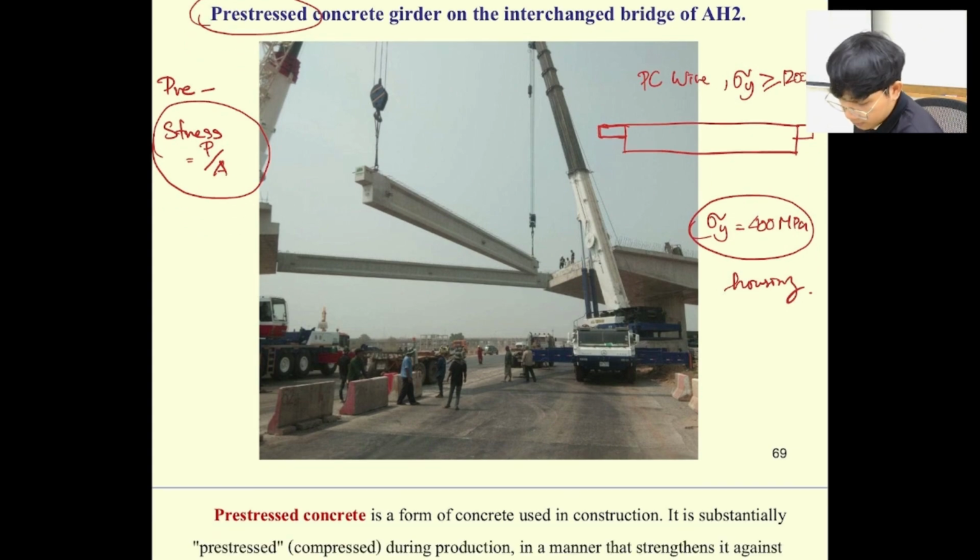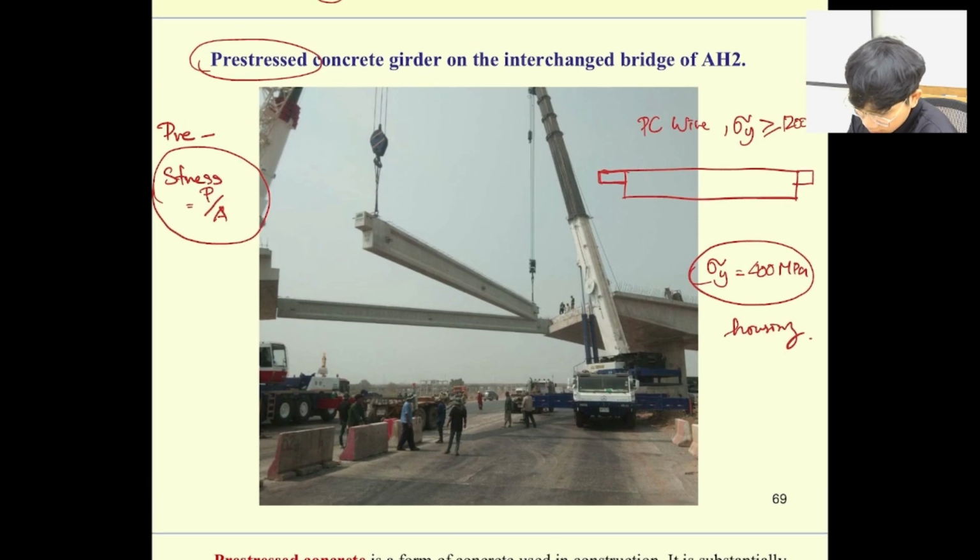Okay, and the concrete itself for the normal f'c equal to about 210 ksc, or 21 MPa, 20 MPa, 25 MPa.